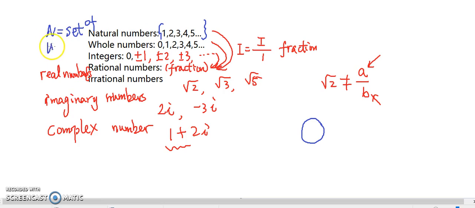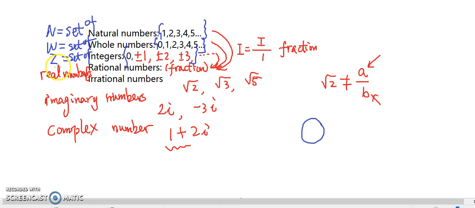And whole numbers, we use W, set of whole numbers. And for integers, we use Z. We actually did not take the first letter. It's probably because I would be confused with the imaginary unit i. So Z represents the set of all integers.